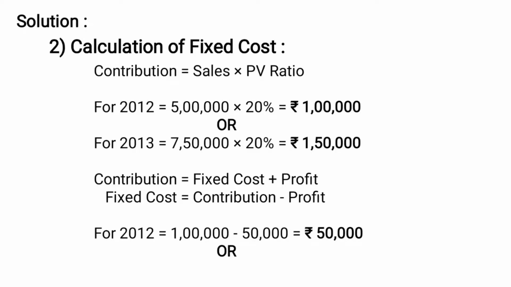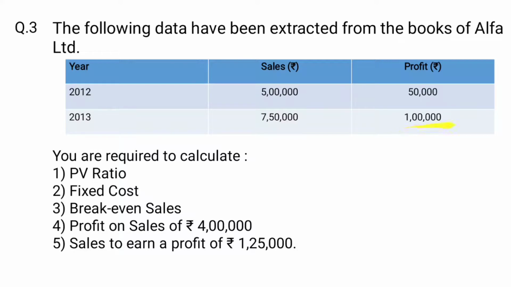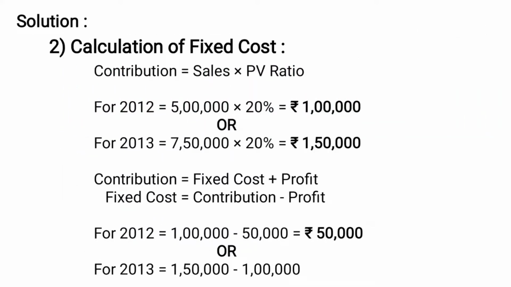Or for 2013, contribution amount is given as rupees 1,50,000 minus profit. So profit amount is given as 1 lakh for 2013. So the amount will be rupees 50,000.